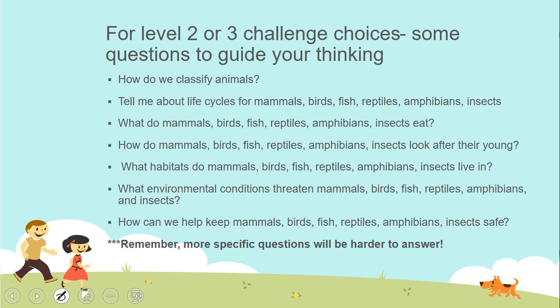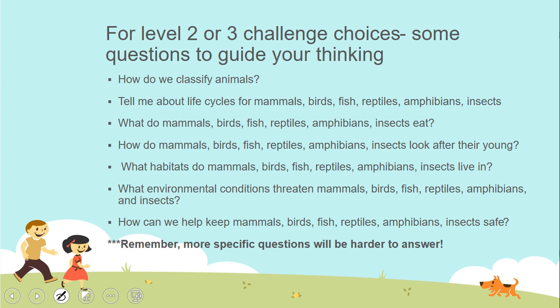Remember that mammals, the babies kind of stay with mom for a while because they need to drink milk, but then like fish just kind of swim away and are left on their own. You can talk about specific habitats. You can talk about different environmental conditions, so things like pollution or habitat loss that could make an animal endangered, and then you could talk about different ways that we can keep animals safe.